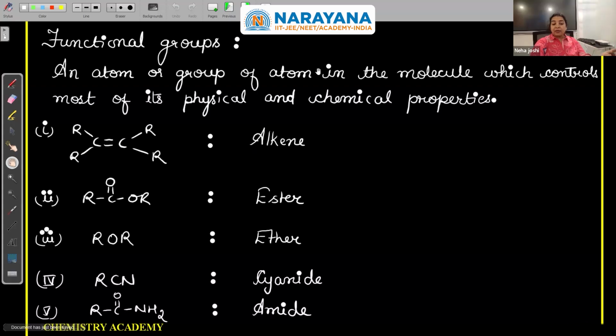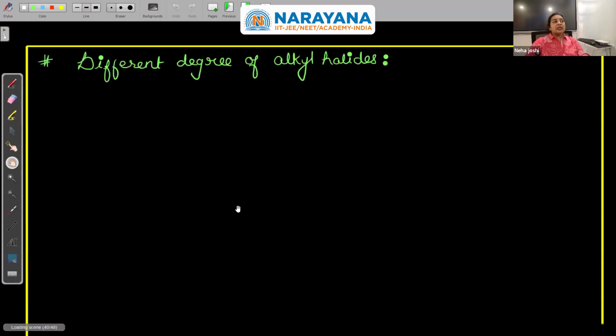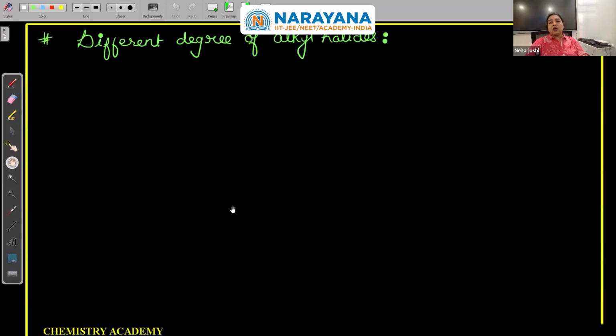It could be an atom or it could be a group of atoms. Okay, so there are so many functional groups. Even alkenes and alkynes are also types of functional groups. They are taken as separate functional groups.